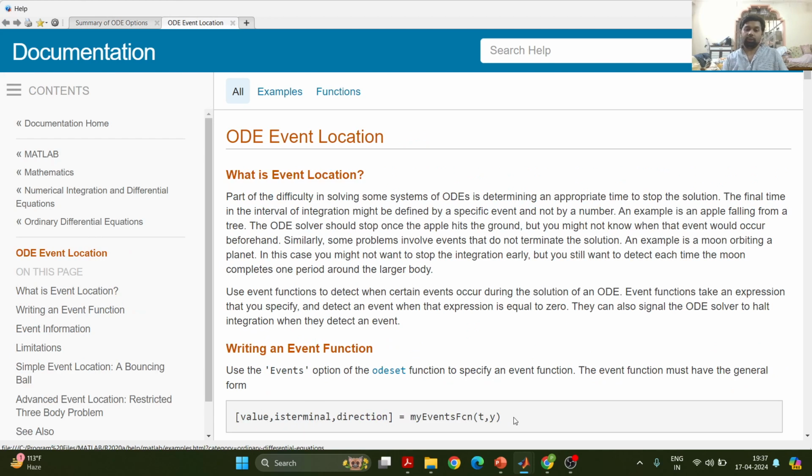The solver will use this event function to detect the event. In our case, the event is that the angle theta of the pendulum has reached, let us say, 40 degrees, which is the wall location.